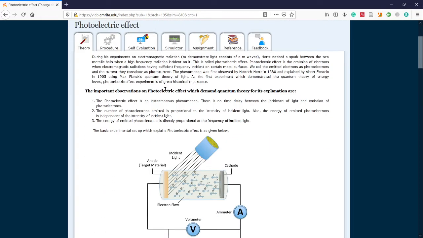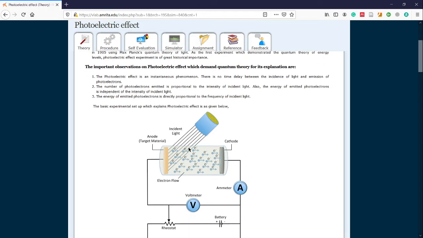In the theory part, we can find what the photoelectric effect actually is. When there is a metallic surface and a photon, that means light of a particular wavelength, falling on top of this metal, there will be generation of electrons, provided that the frequency is high enough to achieve that level of kinetic energy to come out of the surface.